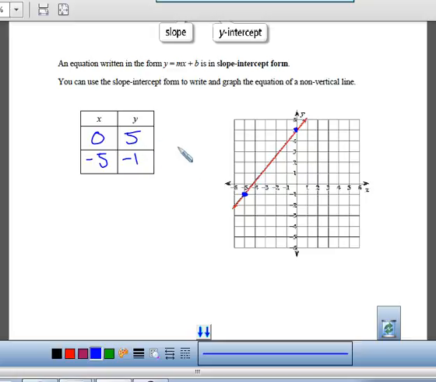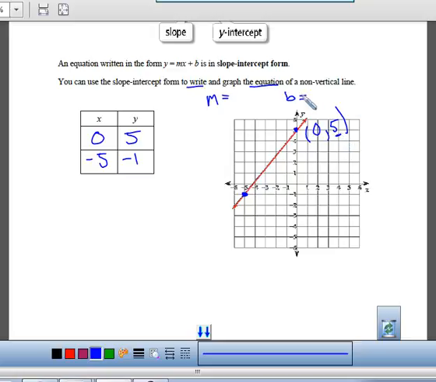Alright, so we're going to write an equation for this, okay? Now, the equation, we need m and b. Now b is right here. That's the initial value. And the b is going to be (0, 5).